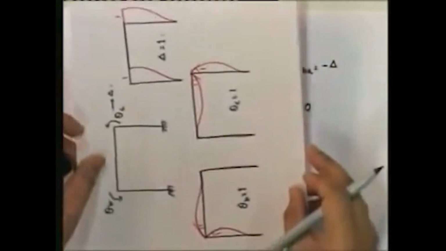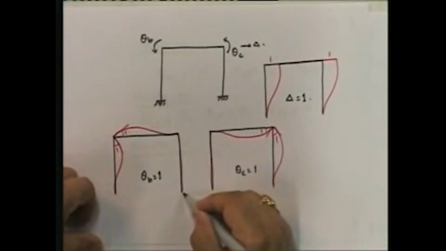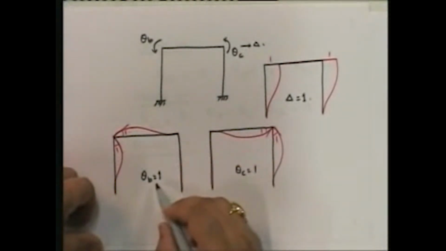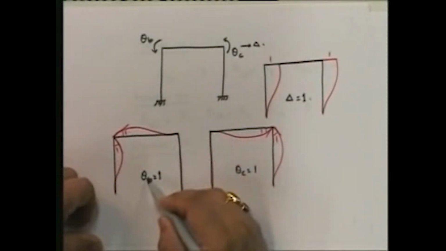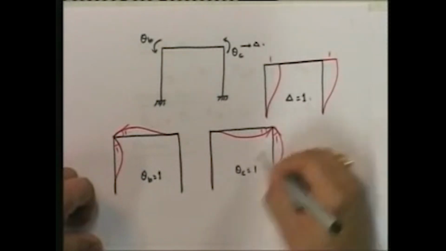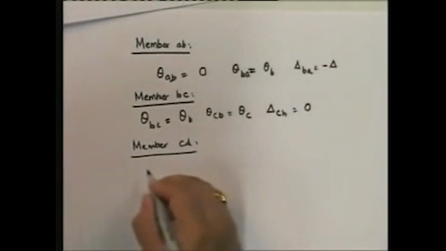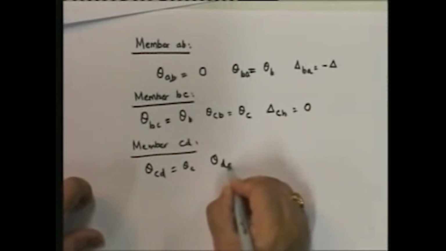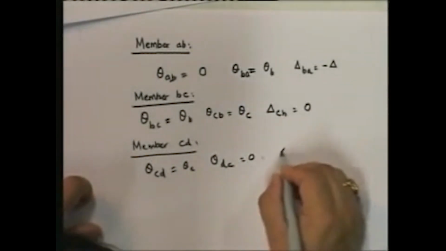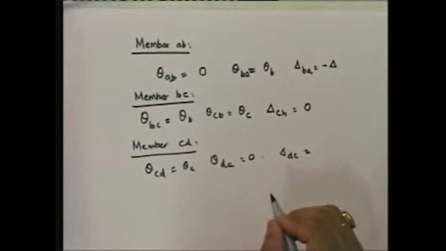Now I am looking at member CD, from here to here. Theta CD is equal to 0 into theta B, plus 1 theta C, plus 0 delta. Theta DC, fixed end, is 0.